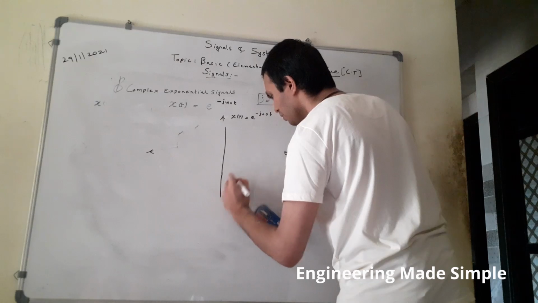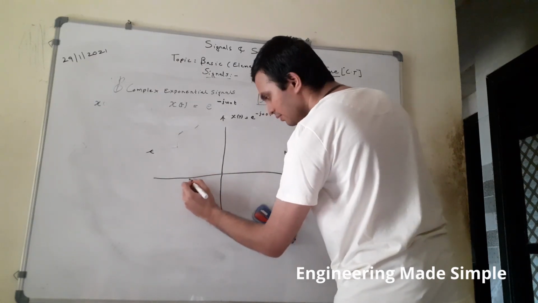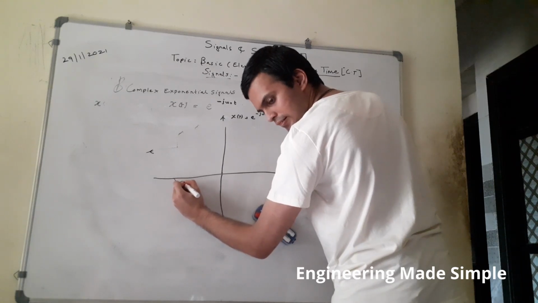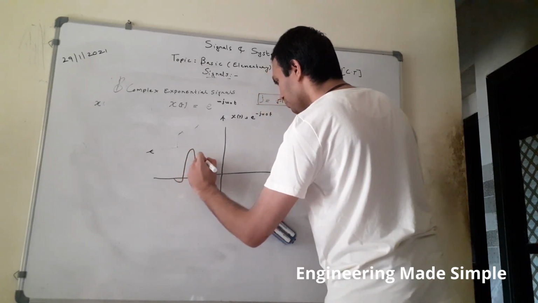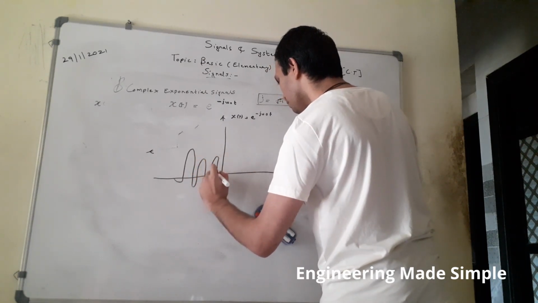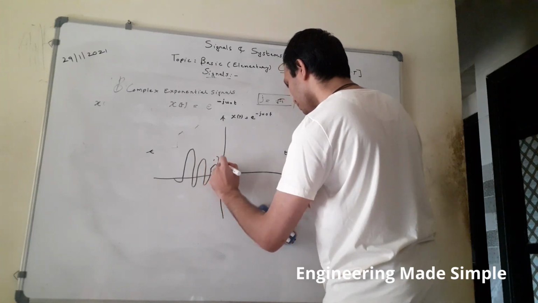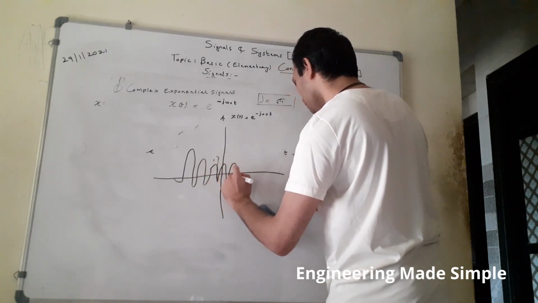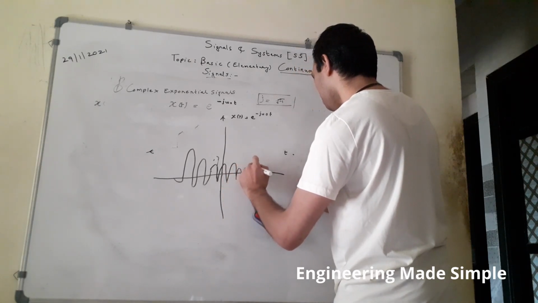So this is your decaying exponential signal. And as you can see, the amplitude goes on decreasing, on and on, as the curve proceeds further.